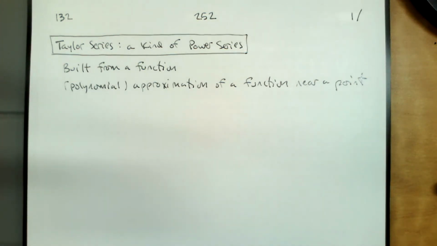Here's the good news. You have already started looking, and you have already found in your past Taylor polynomials approximating functions. You don't get here without having previously found Taylor polynomials of degree 1 approximating a function.